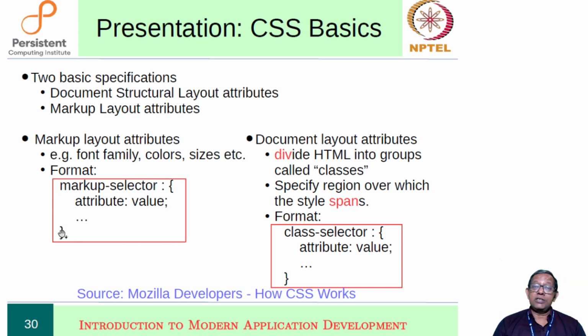This is an instruction to the browser that in the incoming HTML, wherever you find H1, it is to be displayed using the font that is given here, at the size that is given here, and so on and so forth. This takes care of the individual markups.